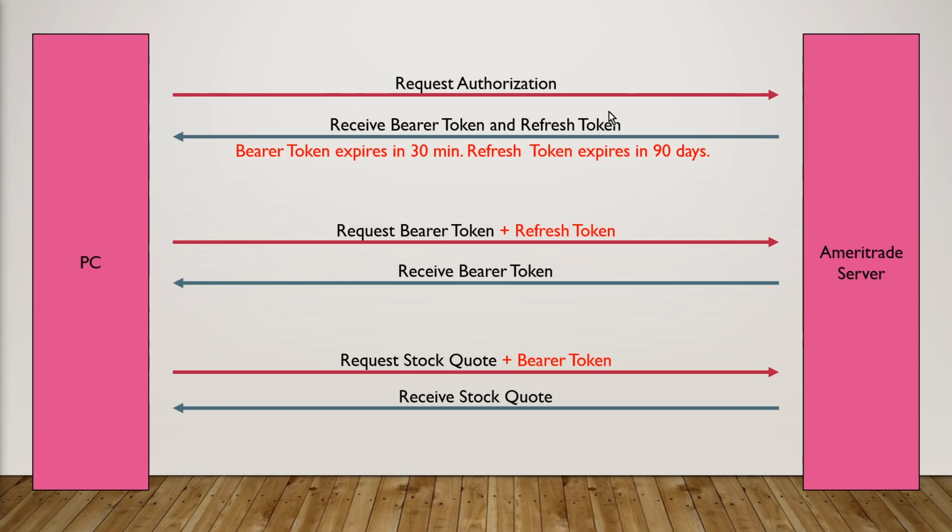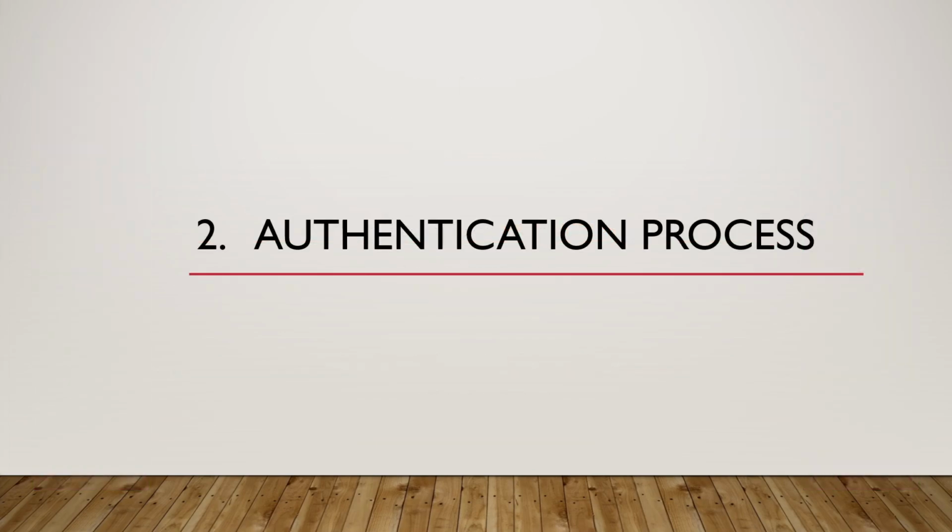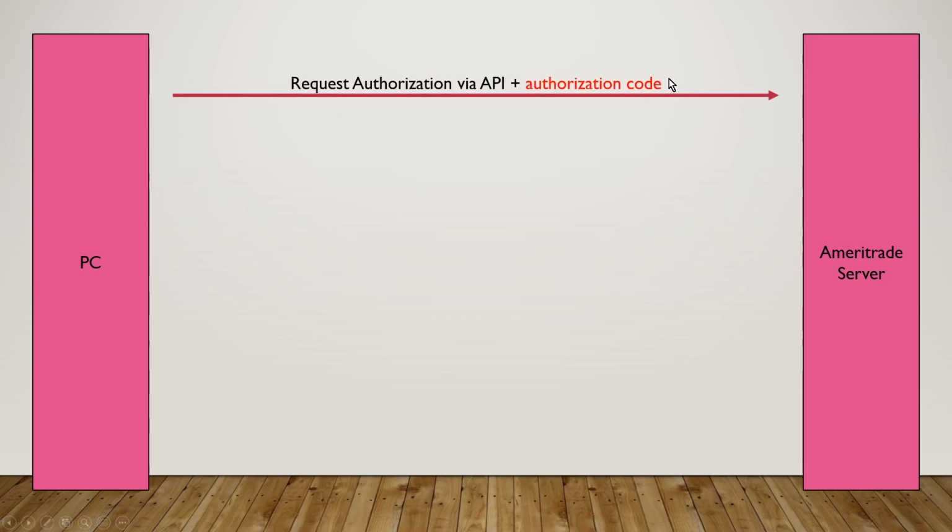How do we receive the bearer token and refresh token? Authorization is made via an API, it's programmatic. And because it's programmatic, there needs to be a way to embed an authorization code to the API.